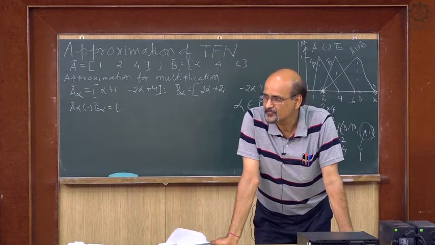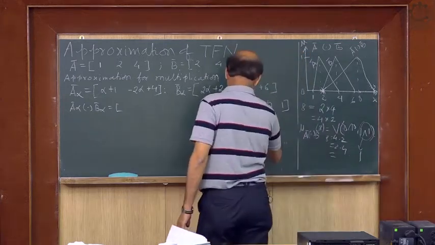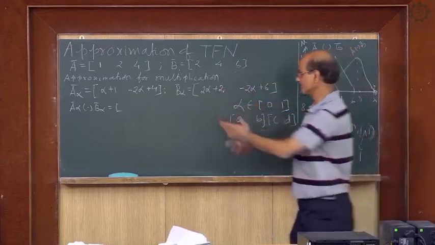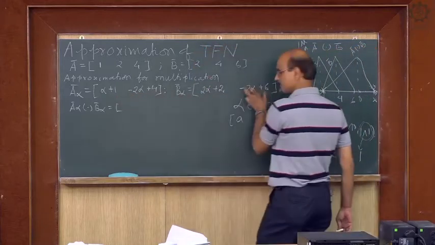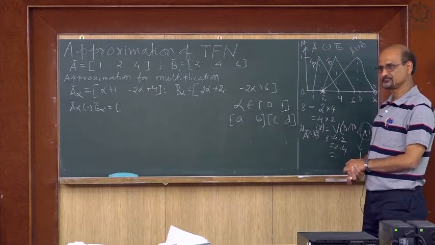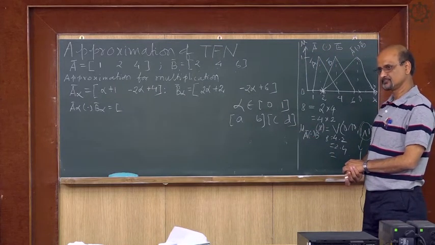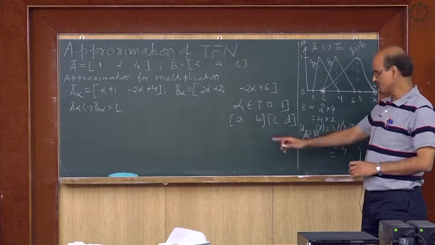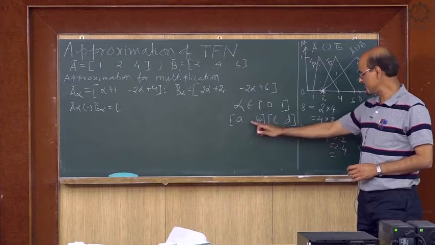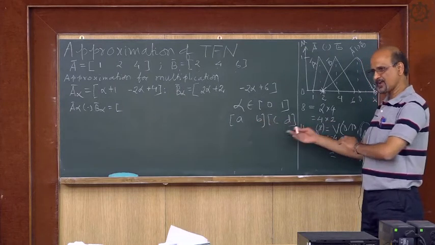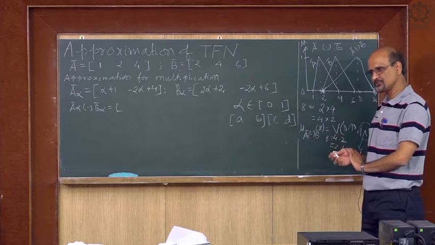Remember, [a, b] into [c, d], what is the multiplication rule? This is an interval, no? a, b, c, d. How will you write here? Minimum of ac, ad, bc, bd and maximum of all those values.